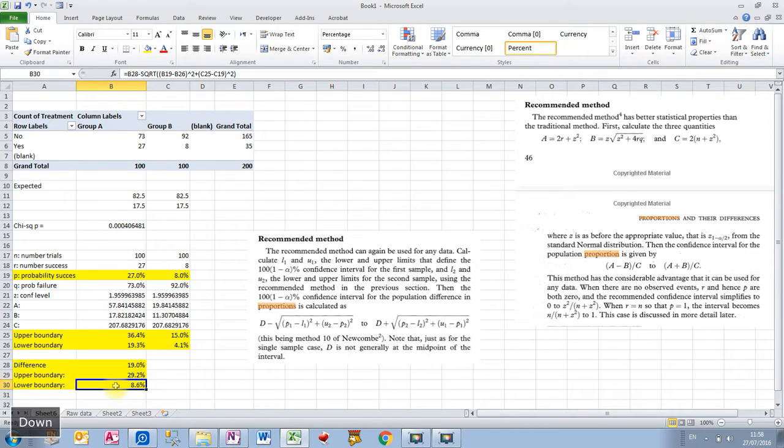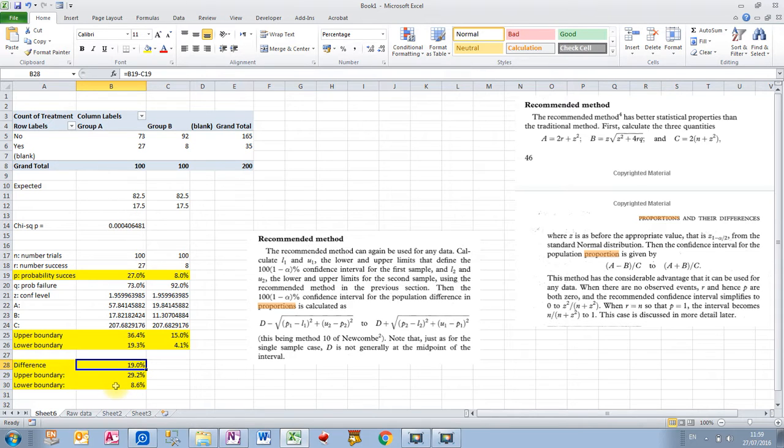Okay, so at the very minimum I can say that group A is 8% more effective than group B, but it could be as high as 29% greater. That's what the confidence interval means. So this calculation here is the confidence interval for the difference in success rate, whereas my previous calculation is the confidence interval for the success rate in either group. And that is how we work out our confidence intervals.